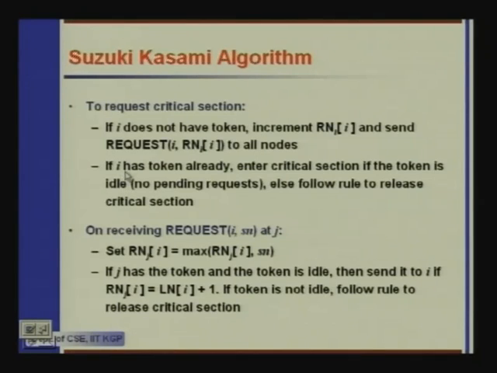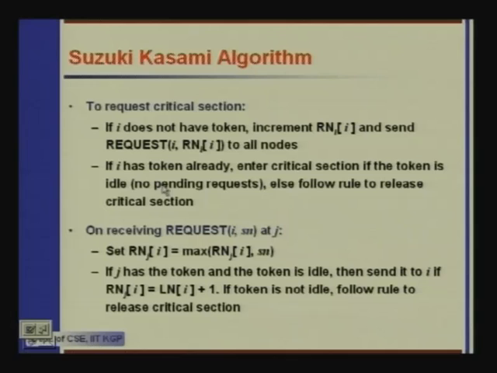On the other hand, if the process making the request already has the token, then it will enter the critical section if the token is idle, that is, in the token's data structure there are no pending requests. The token is idle if in the token's queue there is no pending request.